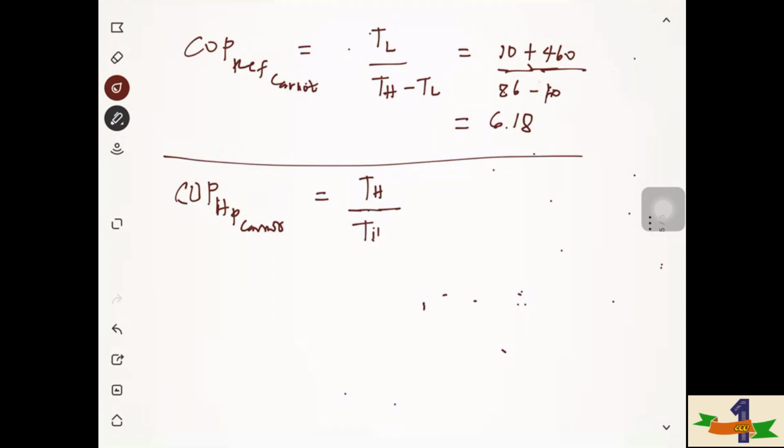So this is 86 plus 460 divided by 86 minus 50. Let's calculate that one. That is 15.166.